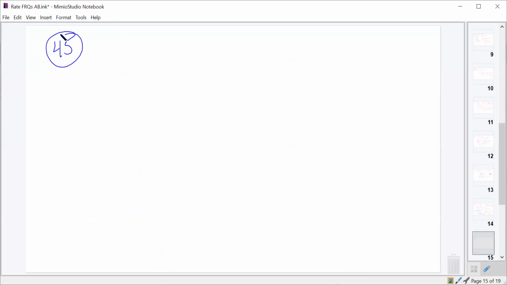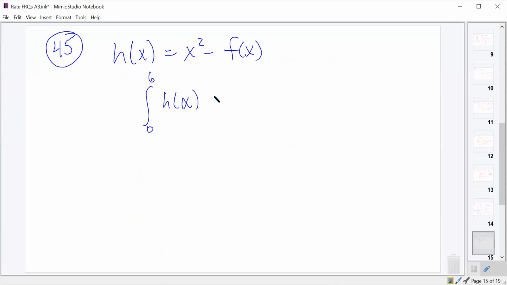So number 45 says, what's the next one somebody asked for? H of x is x squared minus f of x. And we want to find the integral from 0 to 6 of h of x dx.